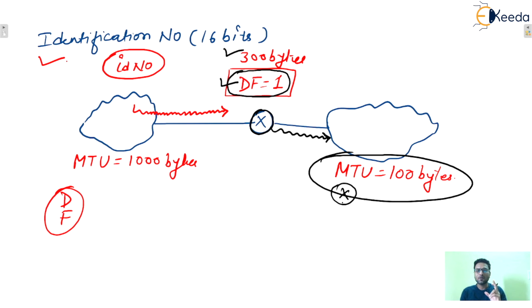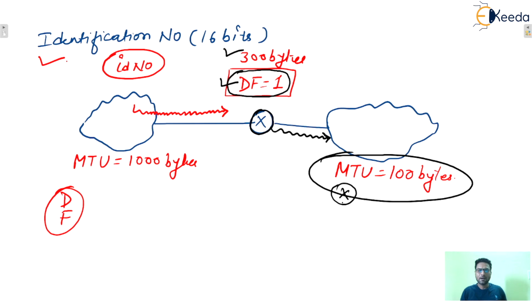That means the sender wants this packet not to be fragmented, but without fragmentation there is no possibility that this packet can be transmitted to this network which has MTU equal to 100 bytes.